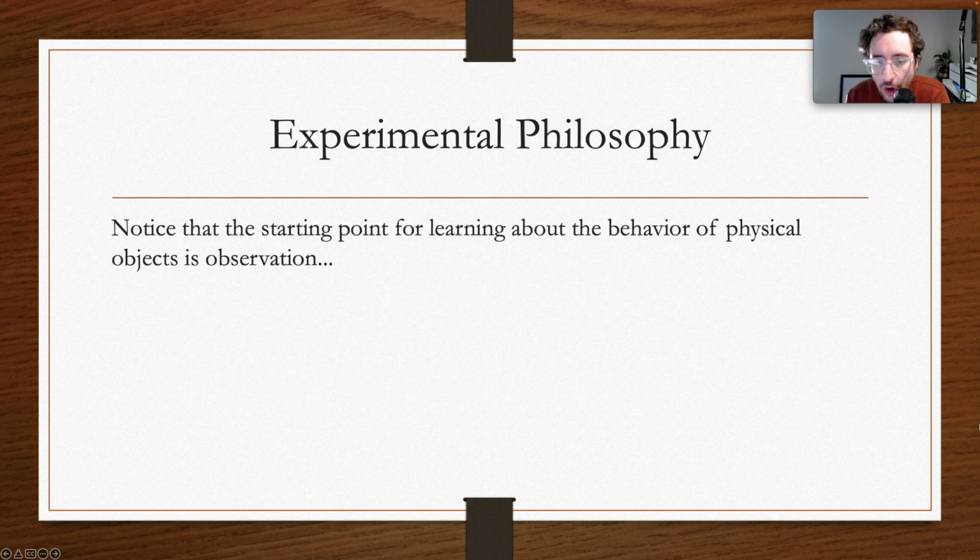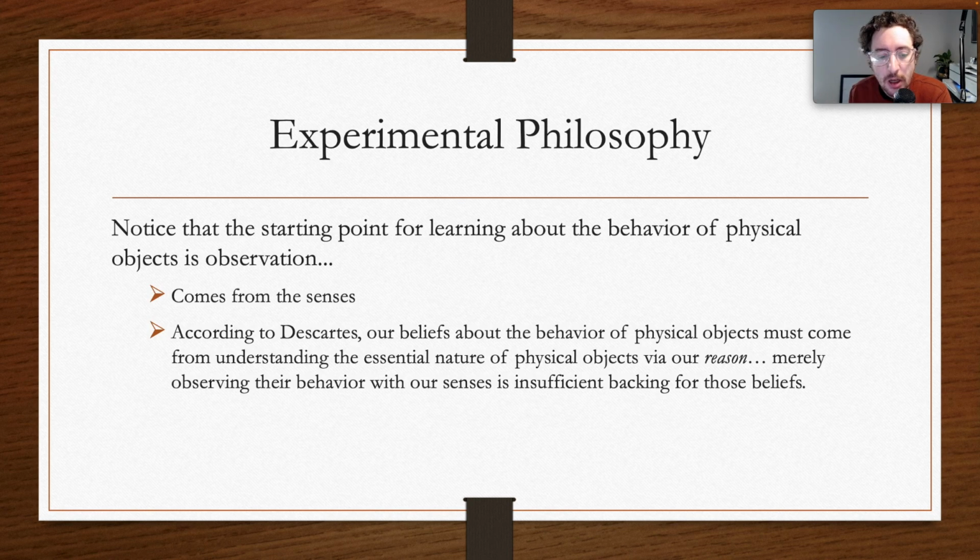So notice that the starting point for learning about the behavior of physical objects is observation, which comes from our senses. But this is very different because, according to Descartes, our beliefs about the physical behavior of objects must come from understanding their essential nature and getting that understanding via our reason.